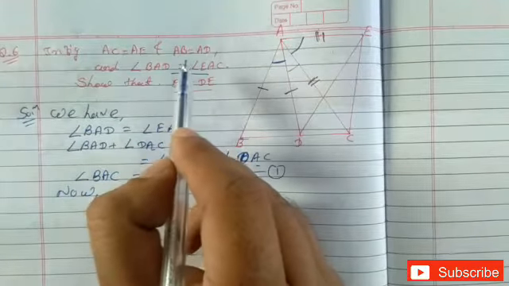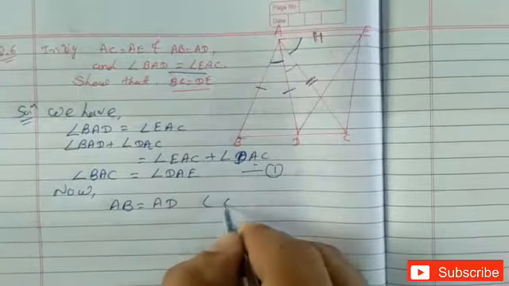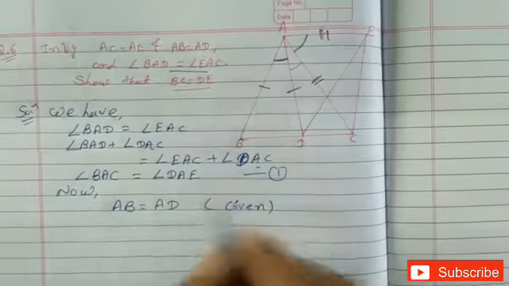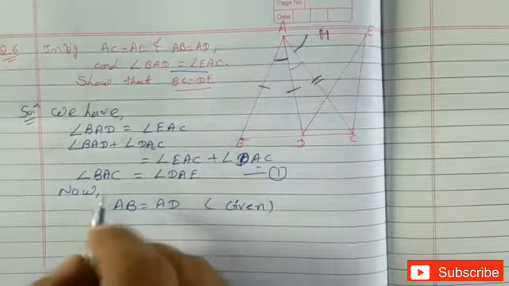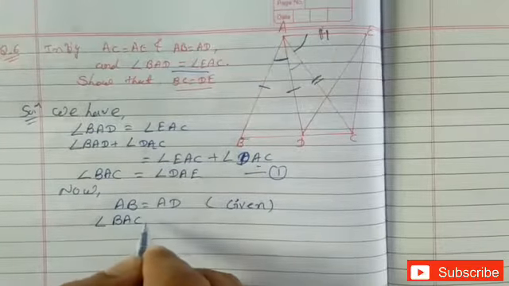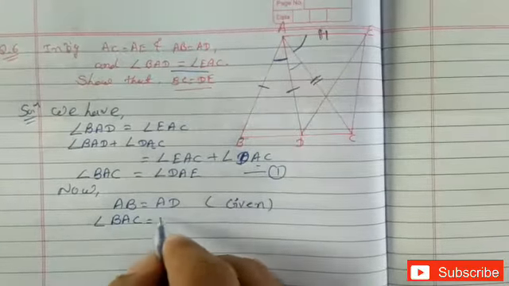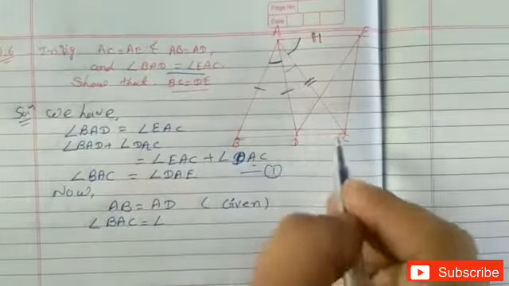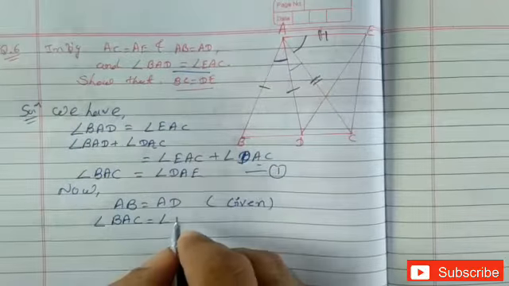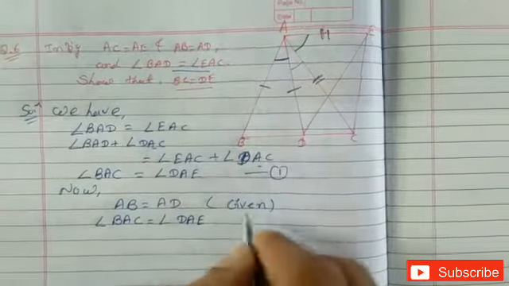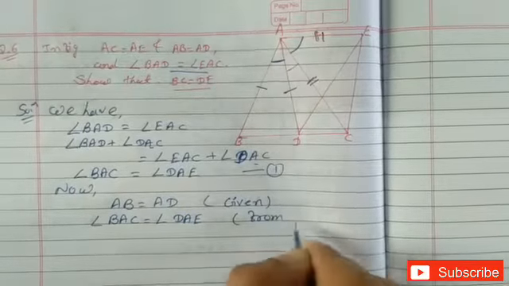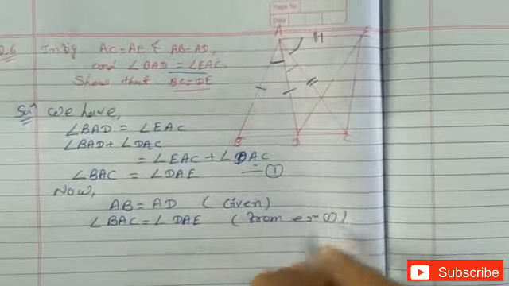Look at here. Now here BAC is equal to DAE from equation 1. Am I right?